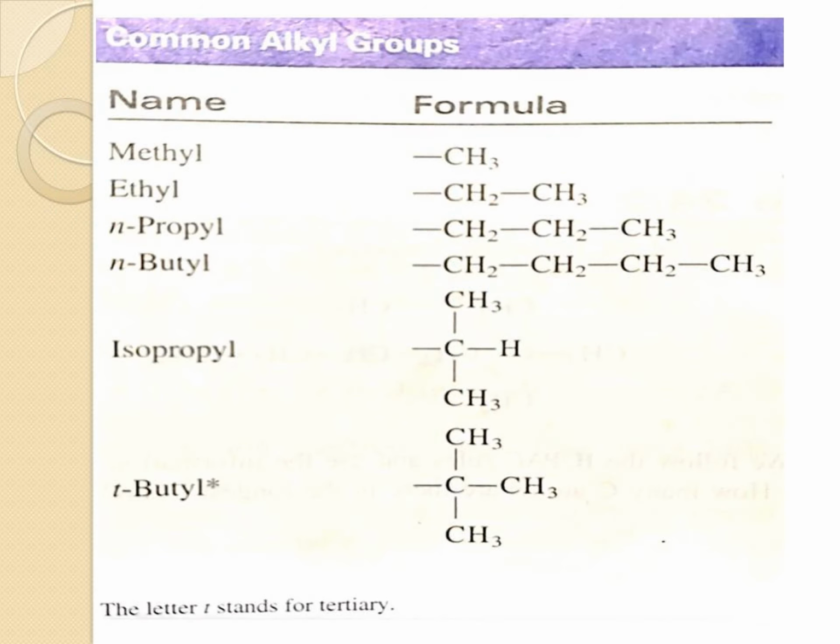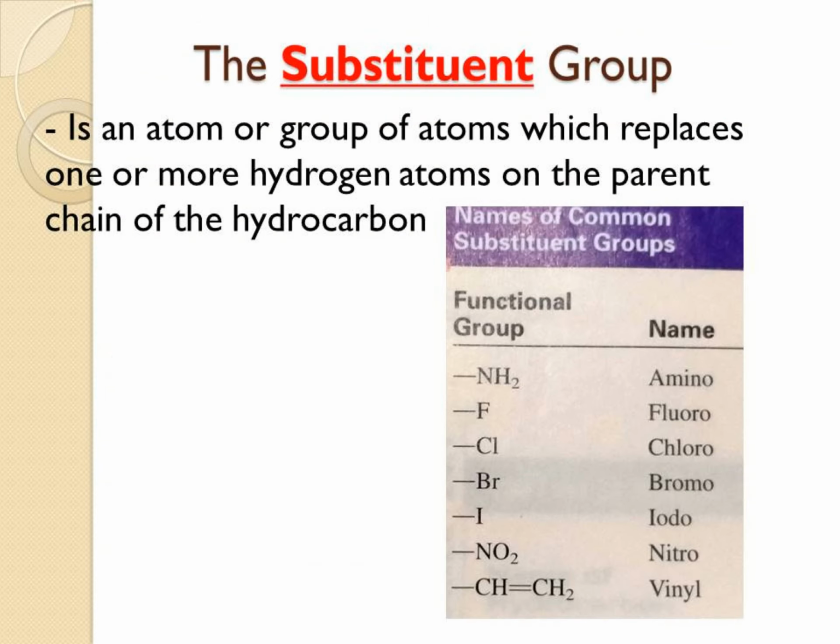We have the list of common alkyl groups here, starting from methyl, ethyl, propyl, butyl, and isopropyl. We have also the substituent group.